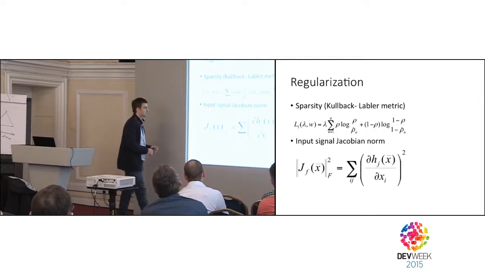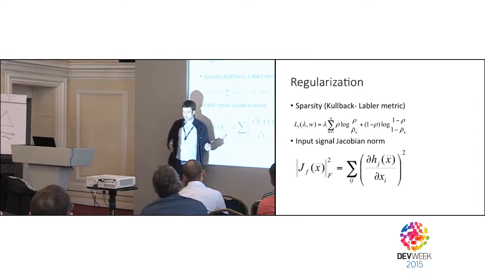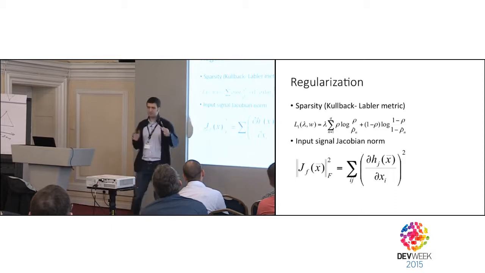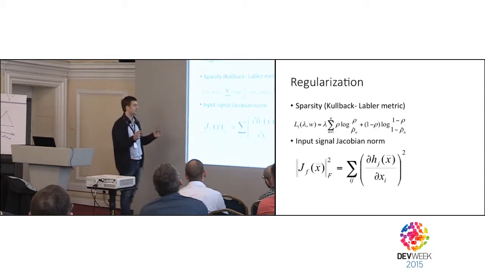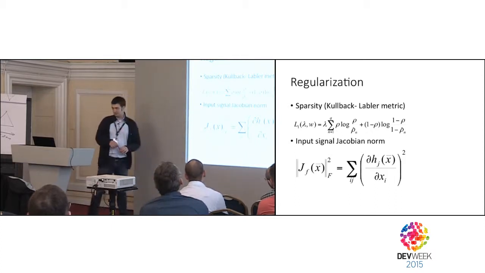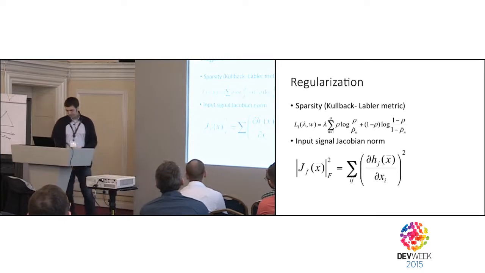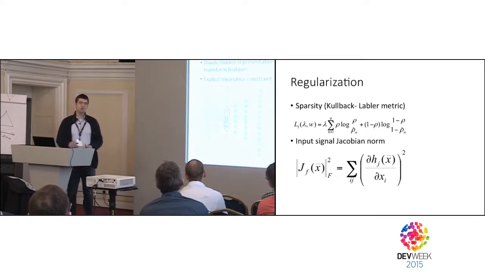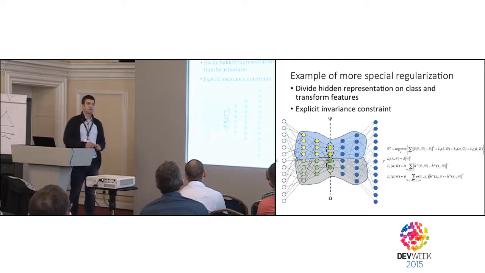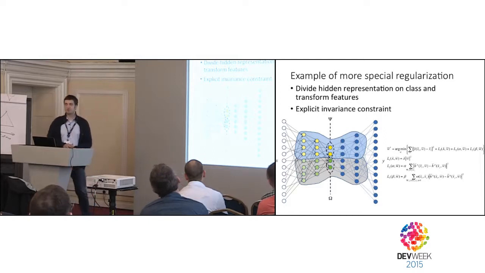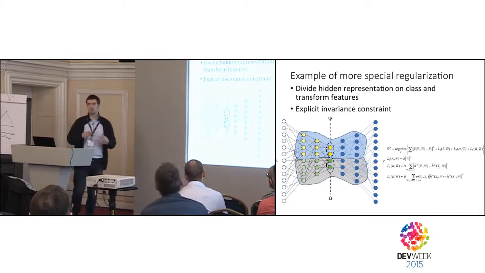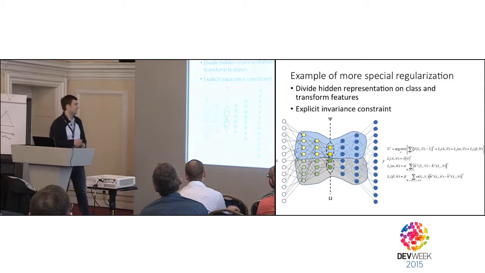And this allows us to make this hidden representation independent of small changes in scale, in size, and so on. So right now, the tendency in deep learning is basically to study various forms of regularization, how to further improve and shape this hidden representation so that it works better.